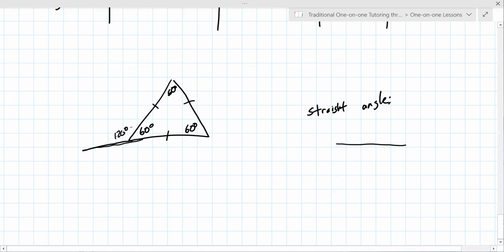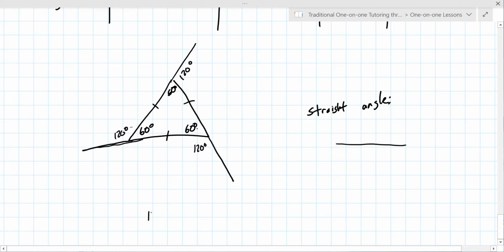Okay. Now watch this. If I go down, do you see how this would also be 120 degrees because that's 60? And then if we do one more, this would also be 120 degrees.